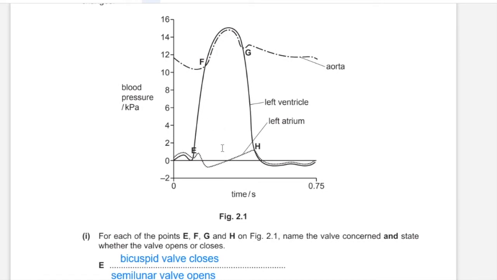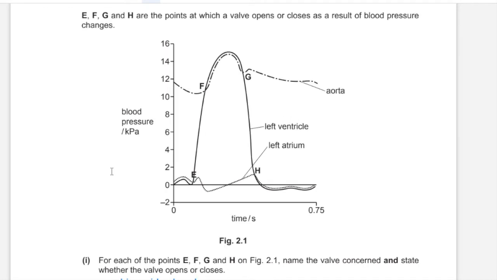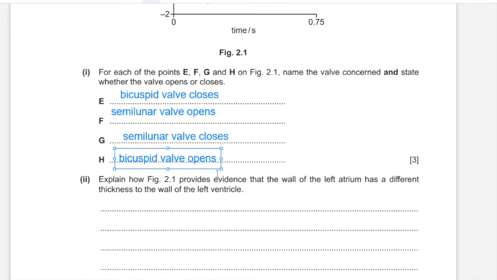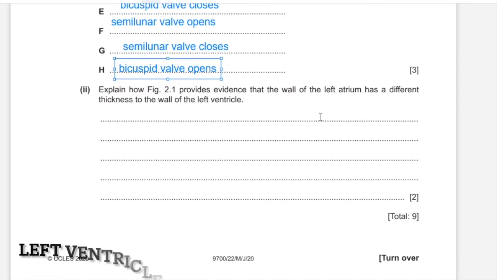As you can see, the increase in pressure is much higher in the ventricle than in the left atrium. This greater increase in pressure is due to the thicker muscle in the walls of the left ventricle, which creates greater force to exert greater pressure.